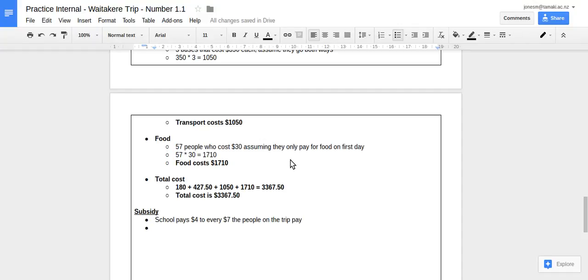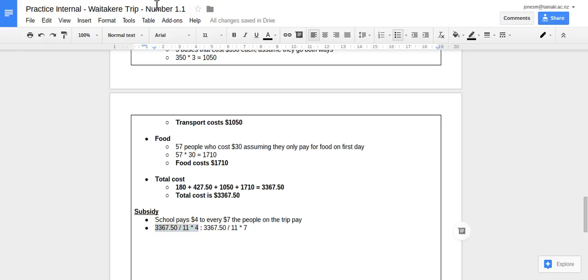So for a total of 3367.50, we can divide that by 11 because I've added the 4 and the 7. So we've got a ratio of 4 to 7. So we multiply that by 4 on one side of the ratio, and by 7 on the other side of the ratio.